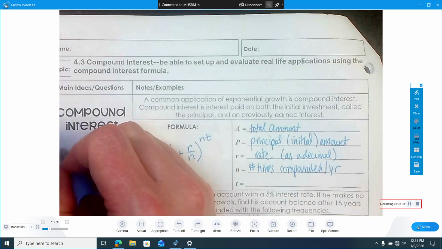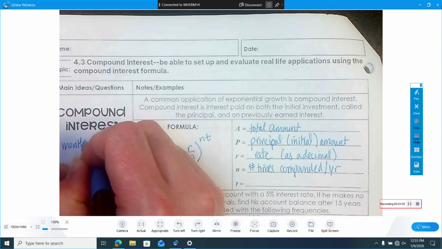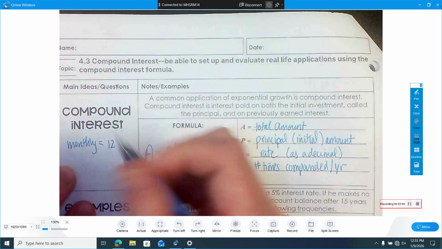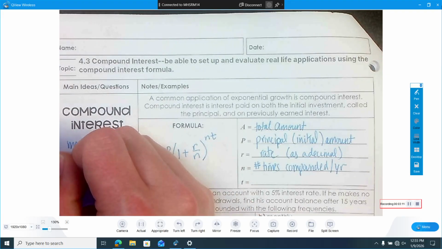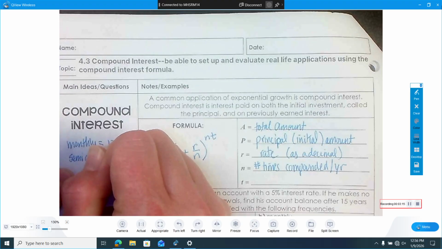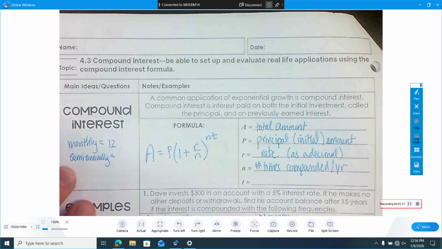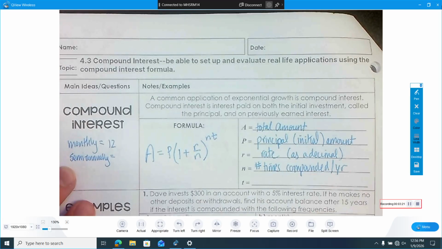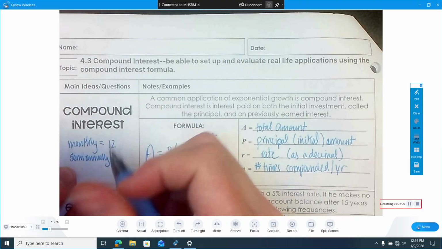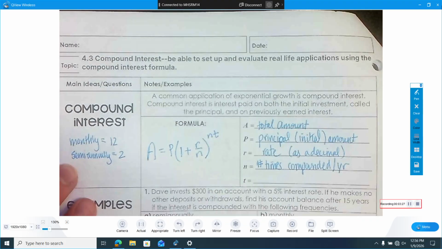So, for instance, if you were compounding monthly, how many times per year would that be? 12 times per year. If you were compounding semi-annually, what does semi-annually mean? It's half a year. So how many times per year would that be? Every 6 months. 2 times per year, semi-annually.